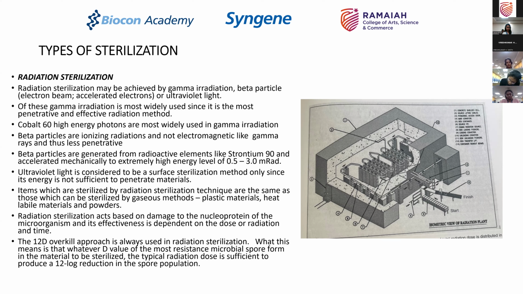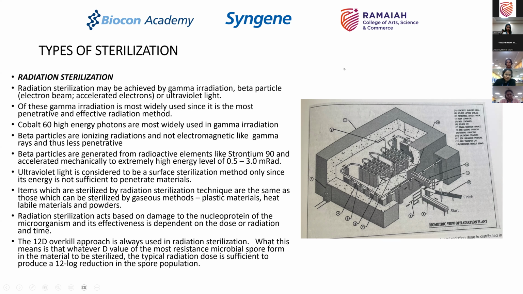Instead of aiming for 10 to the power of 6, we use 10 to the power of 12 log reduction as a factor for determining the effectiveness of gamma irradiation or any kind of radiation, and therefore it's always an overkill approach. You determine the most resistant microbial spore form, and then you subject it to gamma irradiation, which leads to a 12D kill. So that is how you measure it.